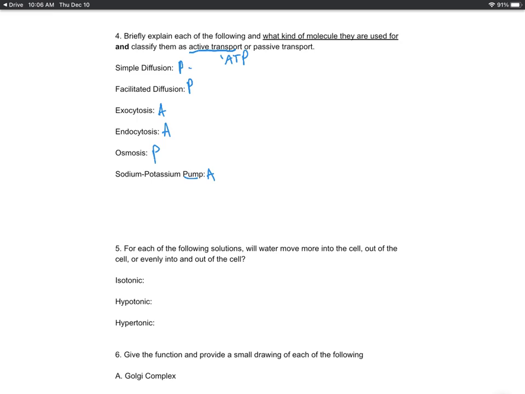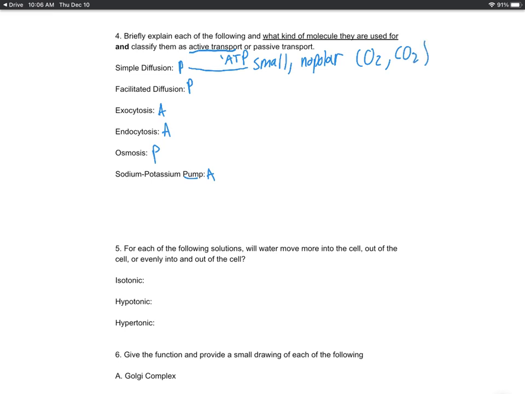Types of molecules: for simple diffusion, which means straight through the membrane, must be small, must be nonpolar, and the main examples of those are oxygen and carbon dioxide.